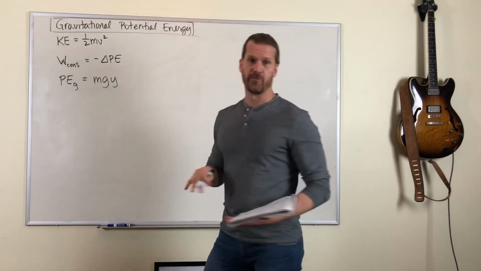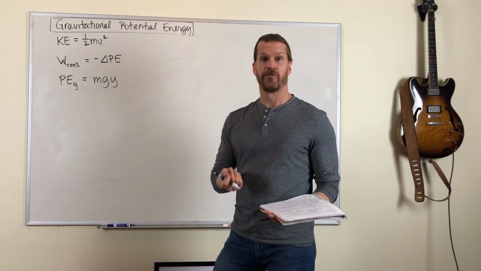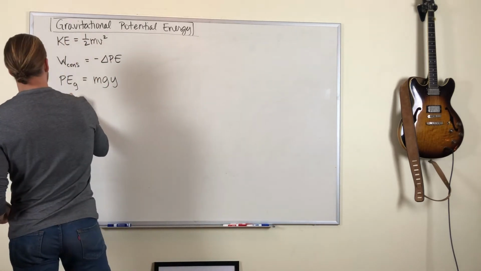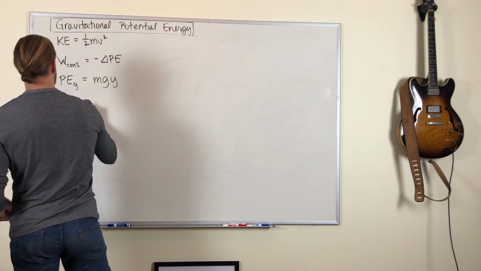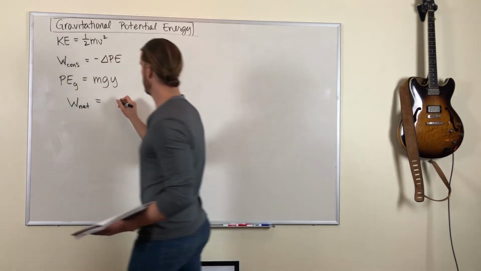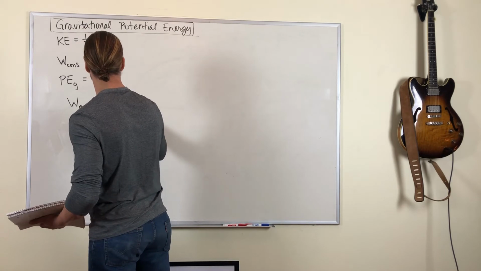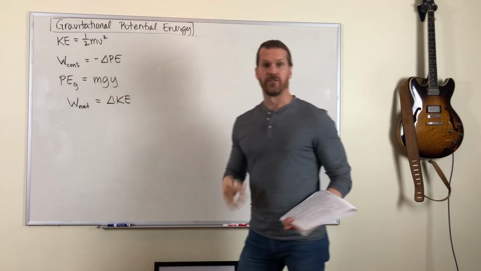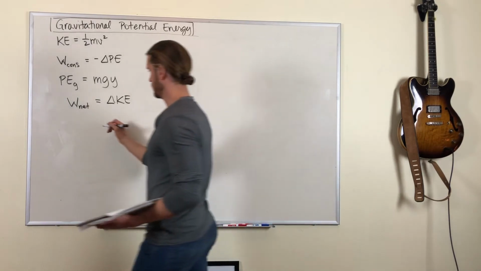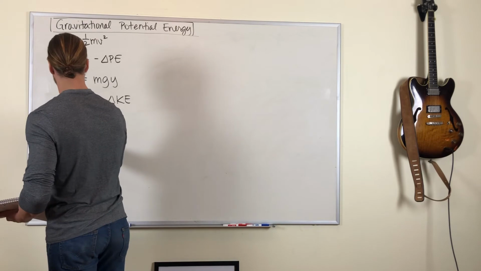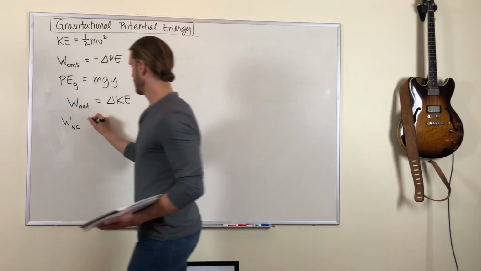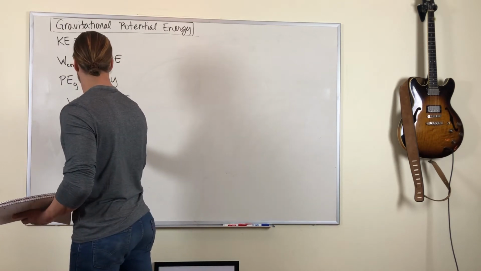So with these concepts in mind, we can now write down a full expression for the work-energy theorem. Remember, the work-energy theorem says the net work on an object equals its change in kinetic energy. Now, this net work, if there are several forces acting on an object, could be due to a non-conservative force and a conservative force.